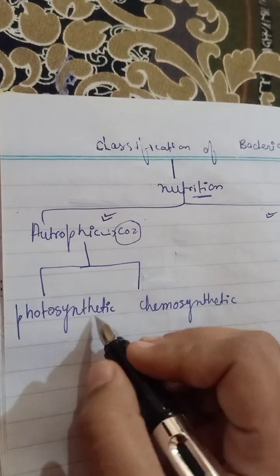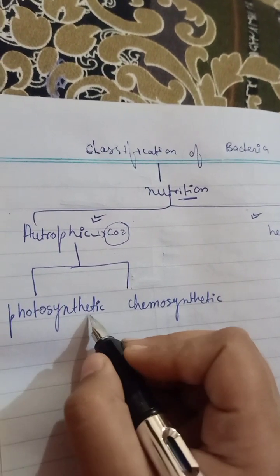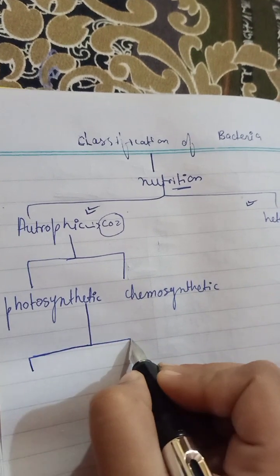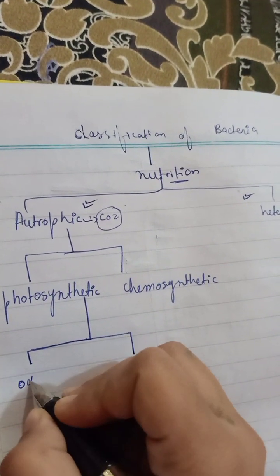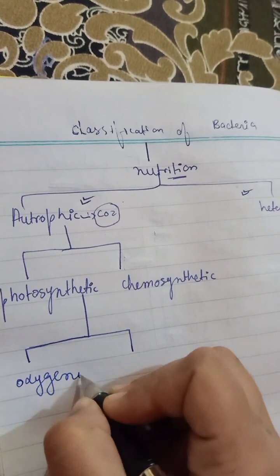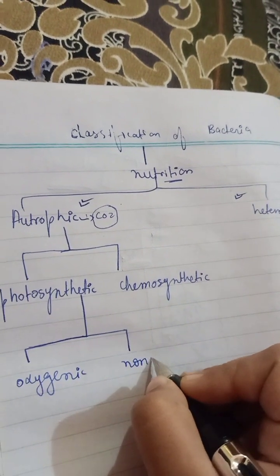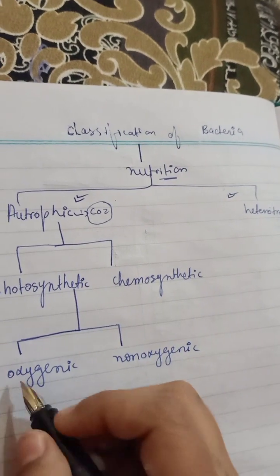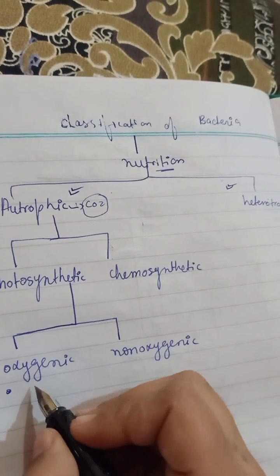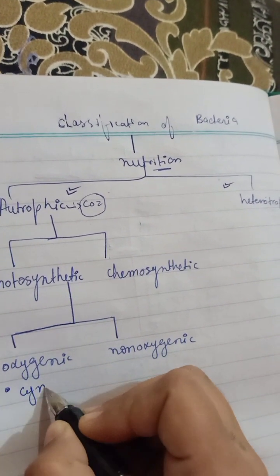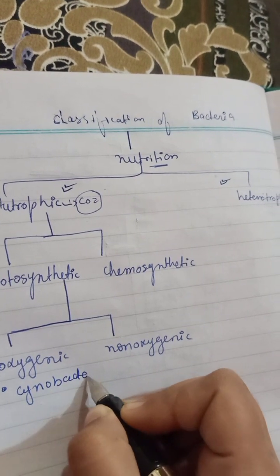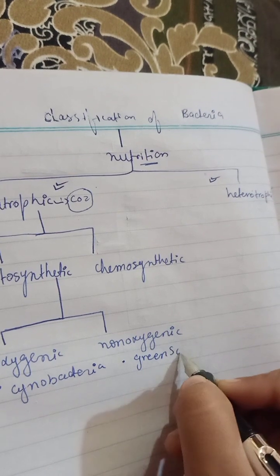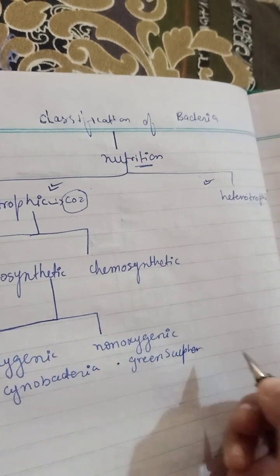Let me give you an overview of what we are going to discuss. Photosynthetic is divided into two parts: the oxygenic and the non-oxygenic. An example of oxygenic is cyanobacteria. Non-oxygenic can be green sulfur and purple sulfur.